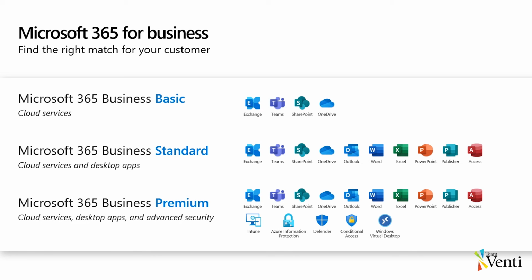Defender for Office 365, the Office 365 version, or what used to be called Advanced Threat Protection, basically adds an extra layer of protection to your 365 environment to scan links, to scan attachments, keep you safe from spoofing and phishing and those type of things.